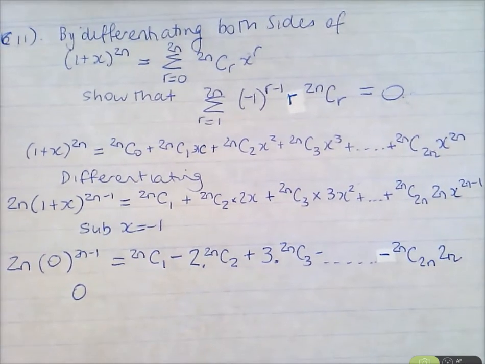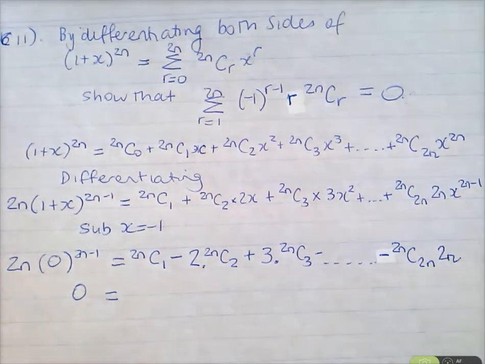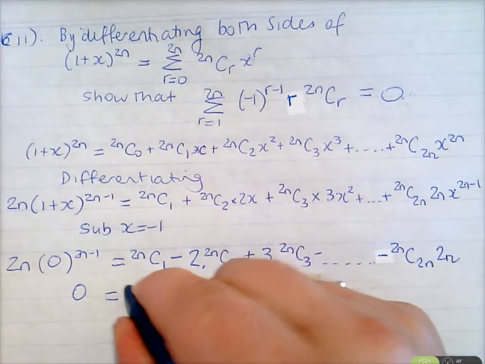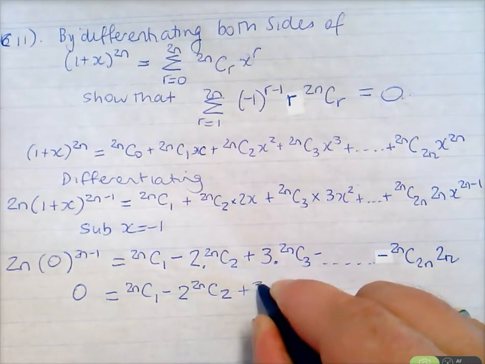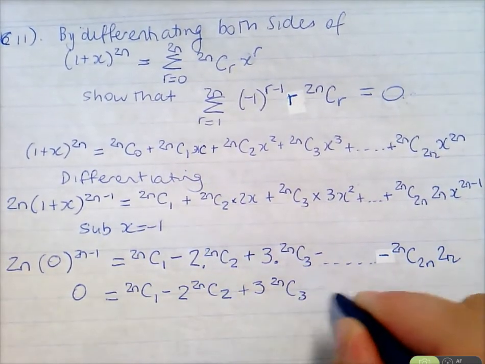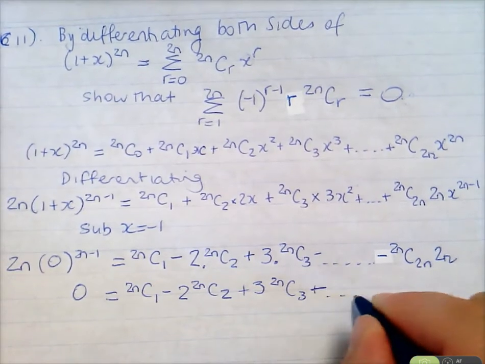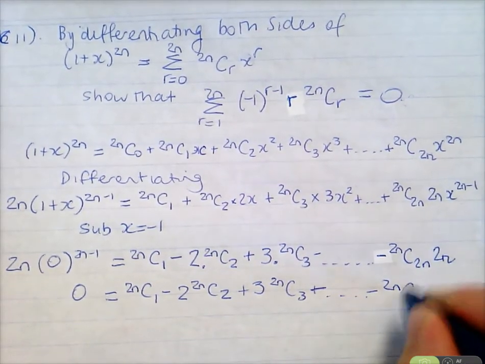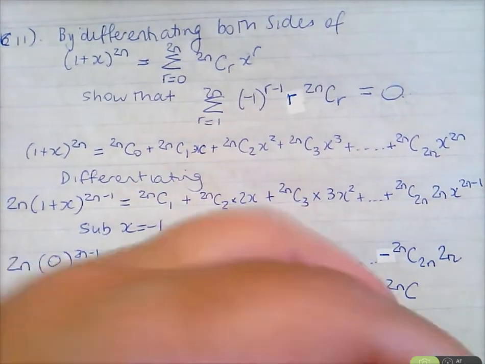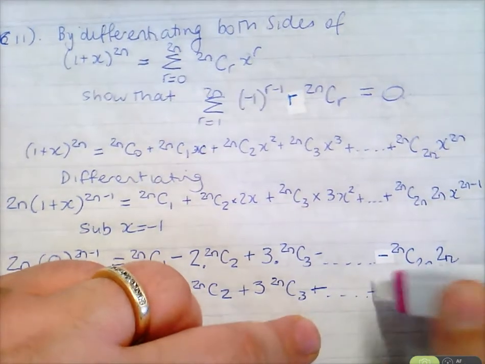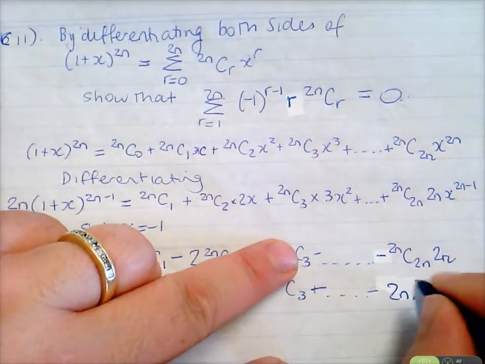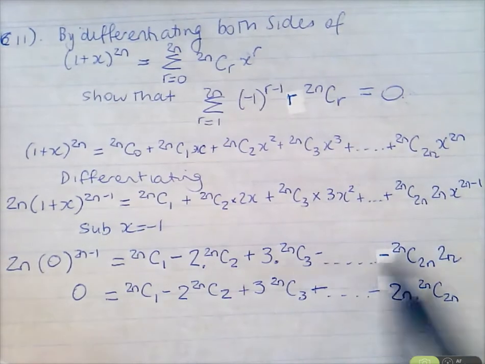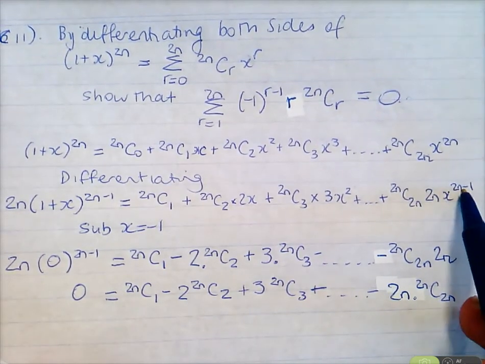So we've got that. On the left, we've got 0 equals 2nc1 minus 2 lots of 2nc2 plus 3 lots of 2nc3 minus, plus, whatever, minus 2n times 2nc2n. See, it's a minus because this will be -1 to some odd power.